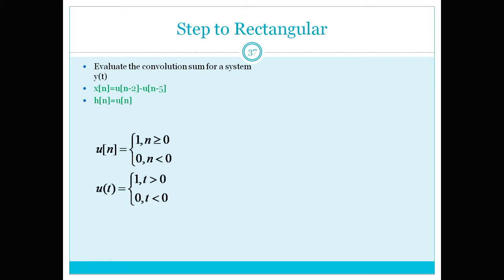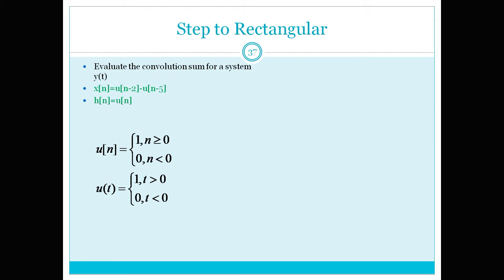This is the definition of the unit step function. u of n equals 1 if n is greater than or equal to 0, and it is 0 if n is less than 0. This is discrete in nature. And u of t is continuous in nature. It is 1 for t greater than 0, 0 for t less than 0.